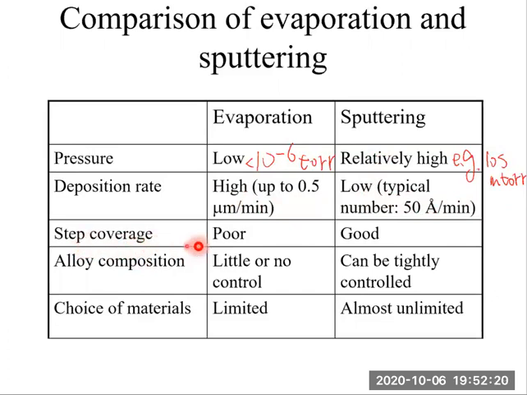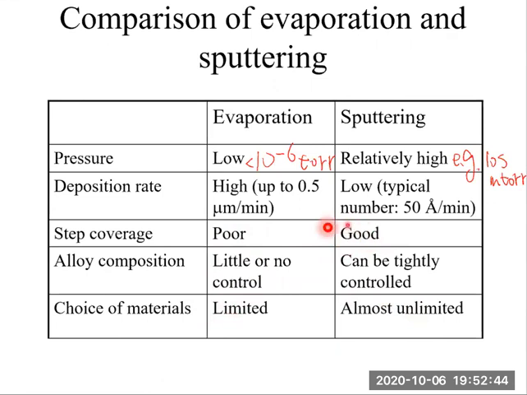Step coverage, this is very important. Evaporation is poor, right? Because of the line of sight deposition. Its mean free path is very long. So evaporation has a poor step coverage. It's not able to cover the step very well.